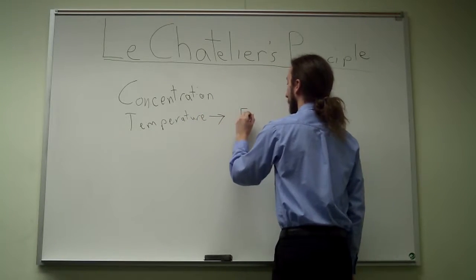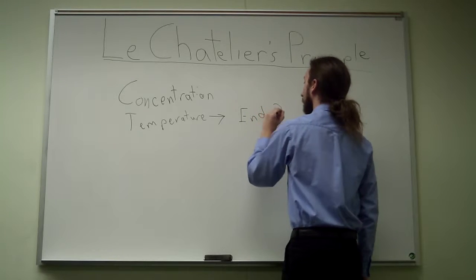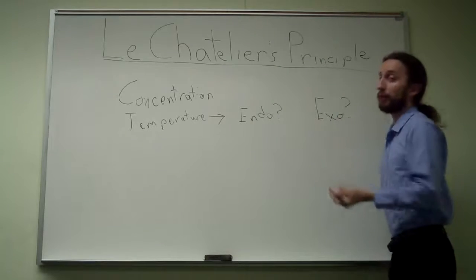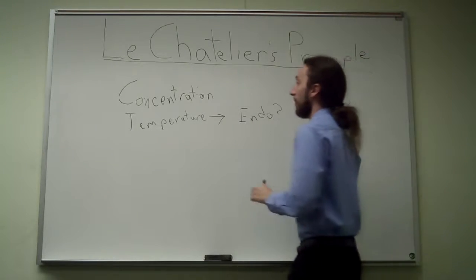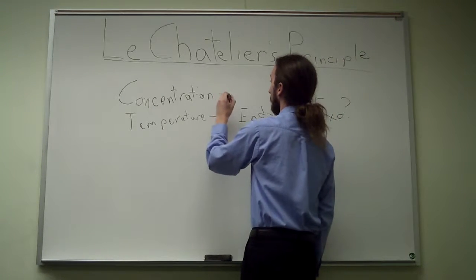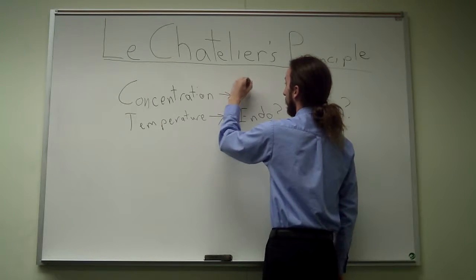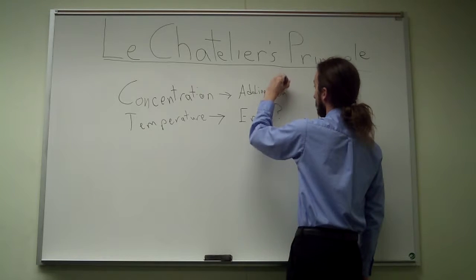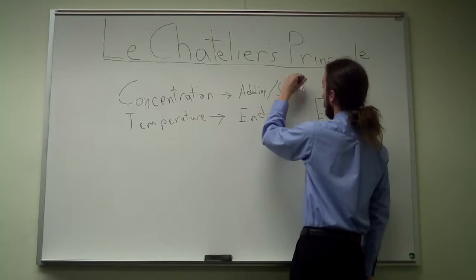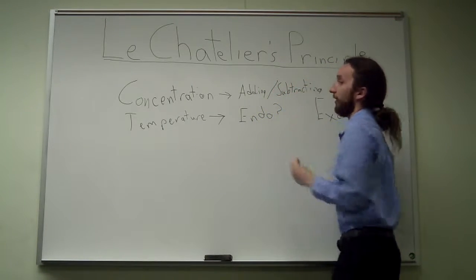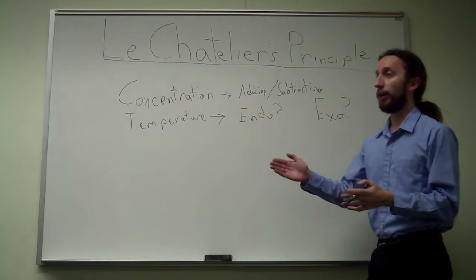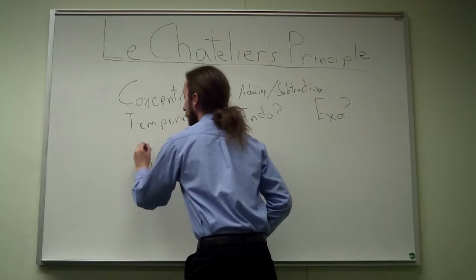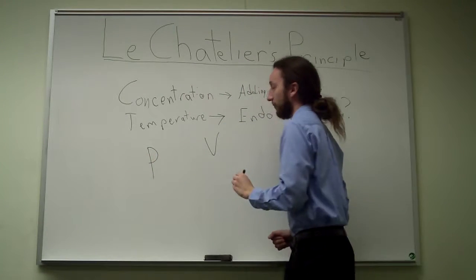Well, depends. Is it an endo reaction or is it an exo reaction? That'll determine which way it shifts. Concentration, remember, are we adding or subtracting? They're both equally important, yet they have opposite effects depending on where it's being added or subtracted from. And then remember pressure and volume.